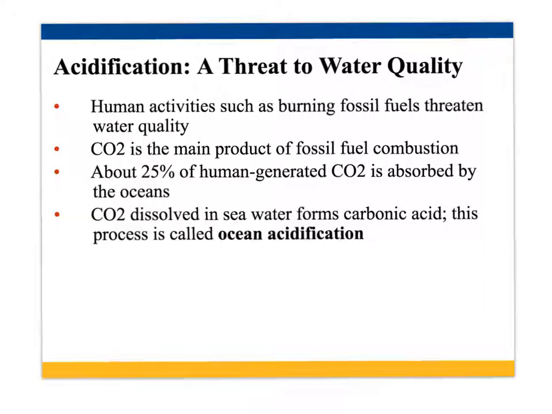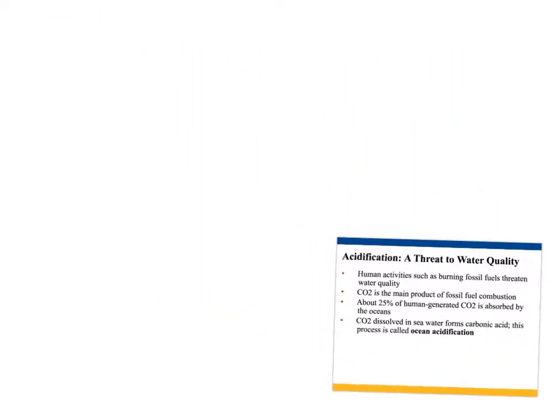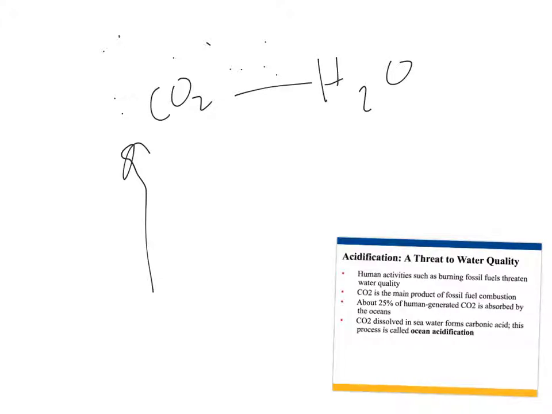We burn fossil fuels, okay? We produce carbon dioxide. We produce CO2, right? It goes out in the atmosphere. Happy as can be up here. That reacts with water and forms carbonic acid, H2CO3.